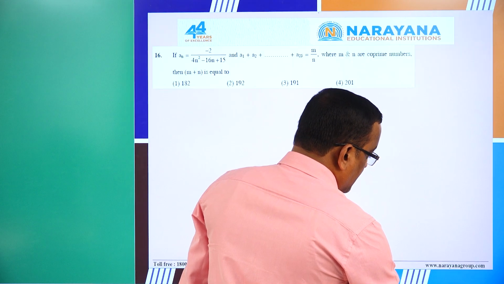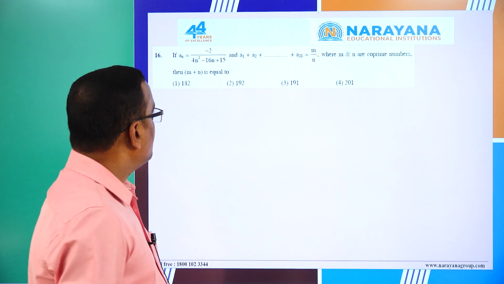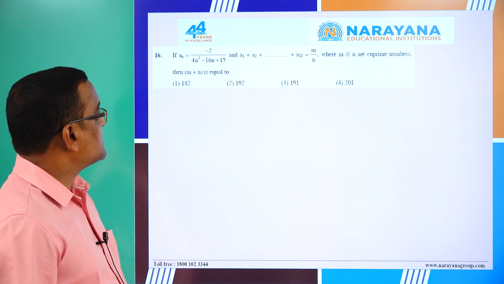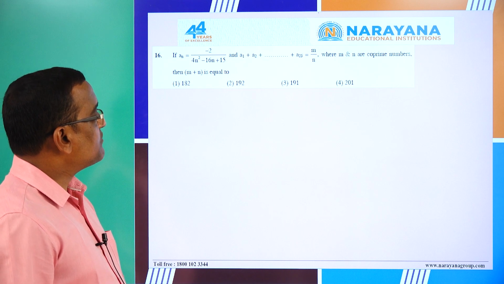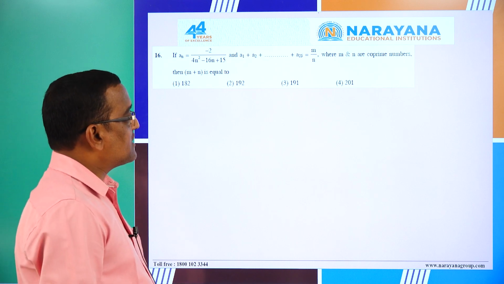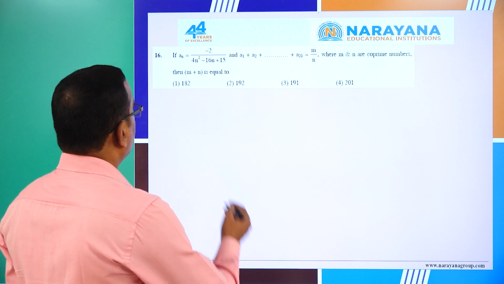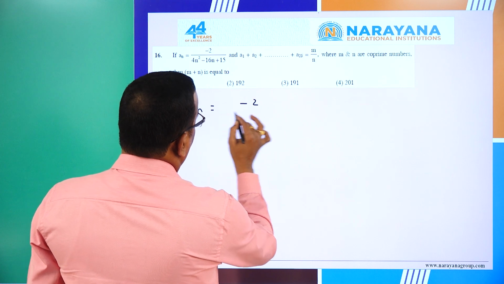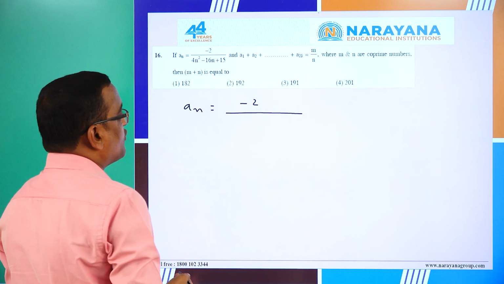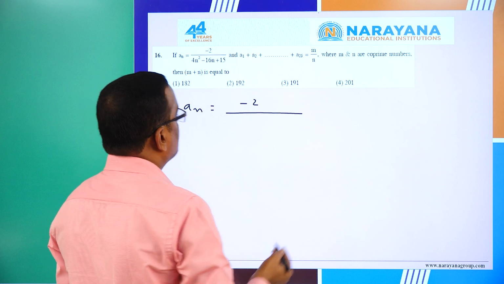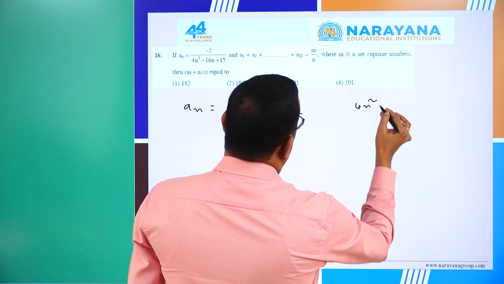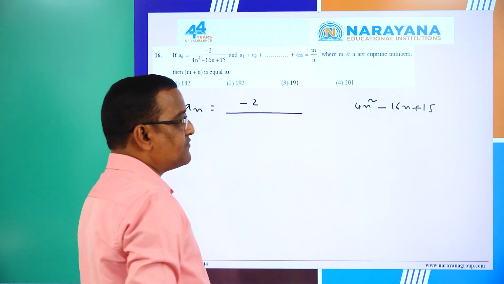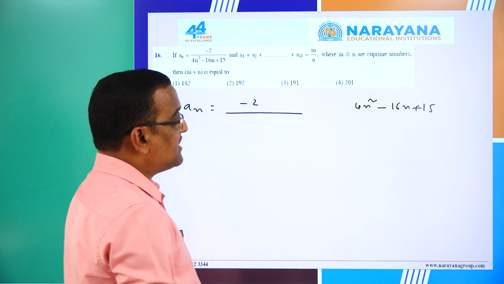So coming to the next question, if an is equal to minus 2 by 4n square minus 16n plus 15, and a1 plus a2 plus and so on plus a25 is equal to m by n, where m and n are co-primes, then find m plus n. So write an like this: factorize denominator 4n square minus 16n plus 15. 15 into 4 is 60, 10 into 6.